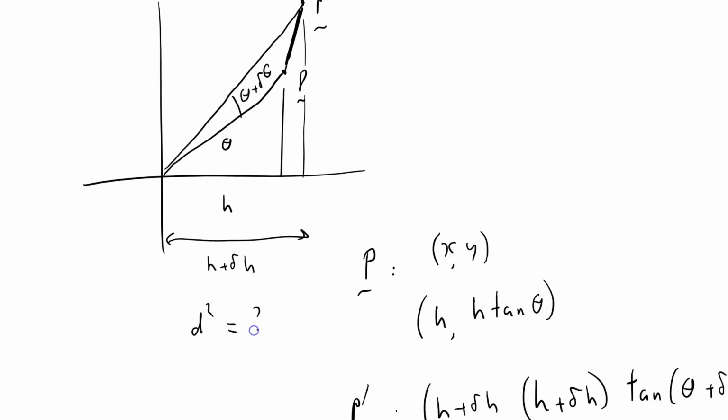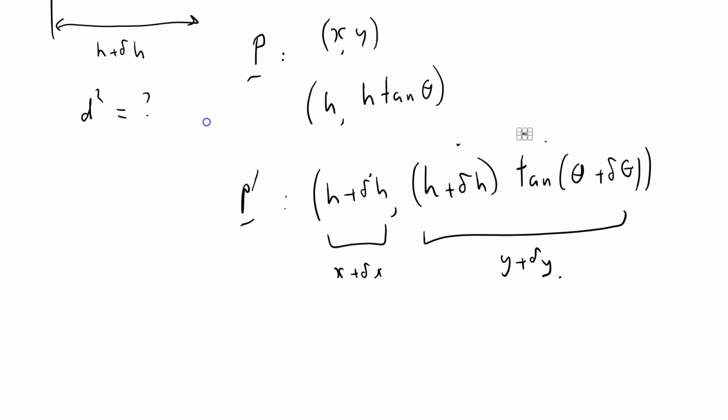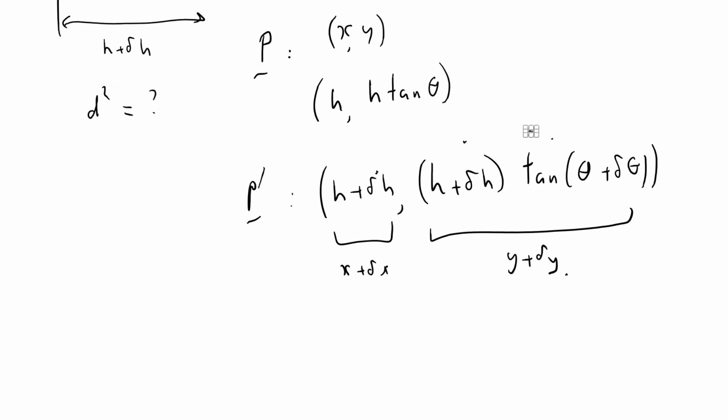Representing the fact that we have moved from here, we've changed in the x direction by that much, and we've changed in the y direction by something altogether more complicated. But now we use the fact that I'm going to neglect second order terms, which makes my life a lot easier.